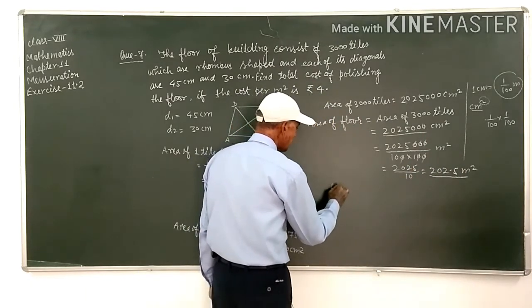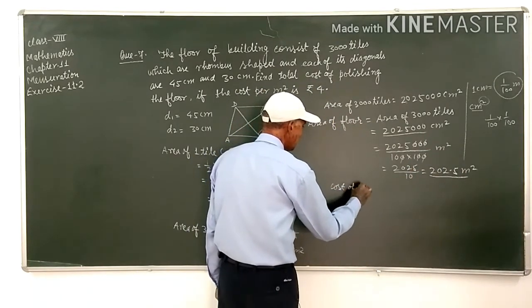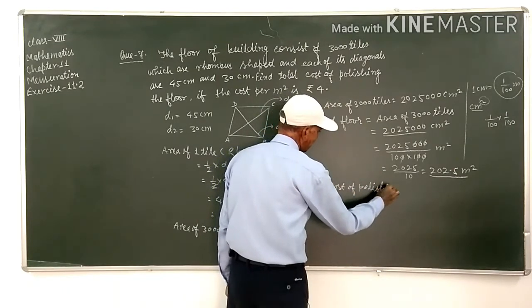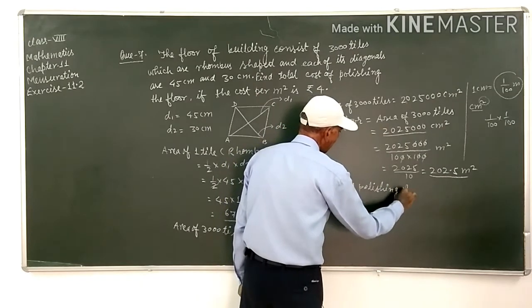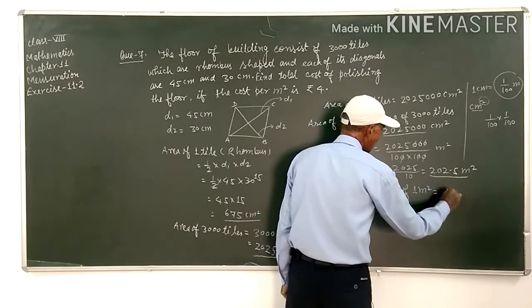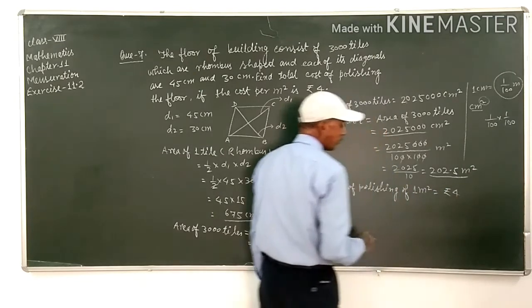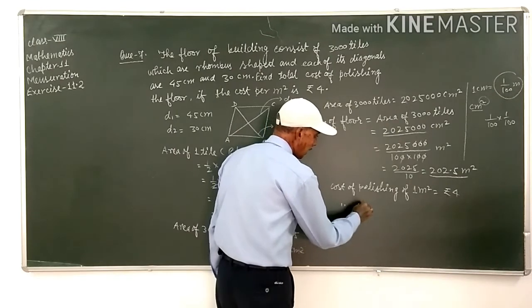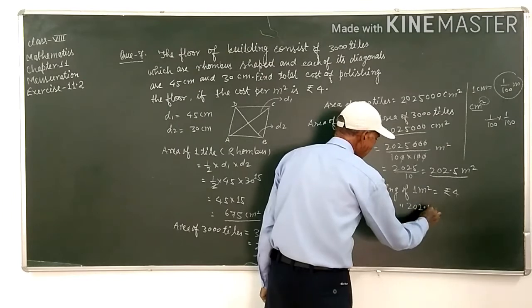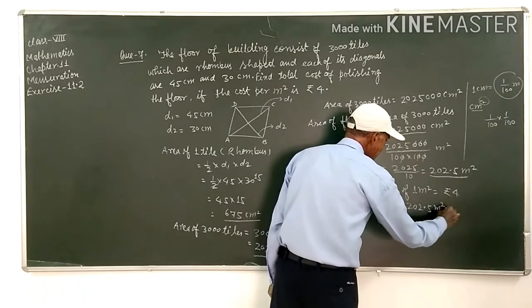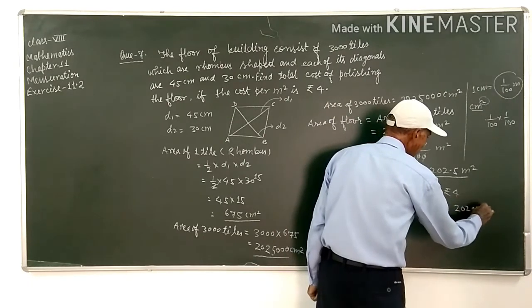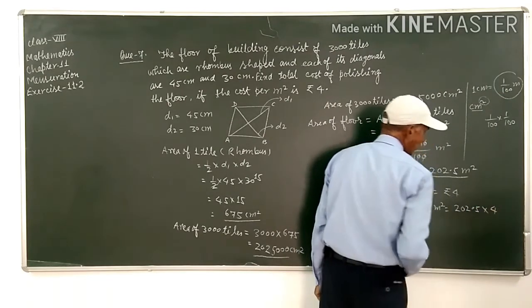So the cost of polishing of 1 meter square is equal to ₹4. So the cost of polishing of 202.5 meter square is equal to 202.5 into 4.